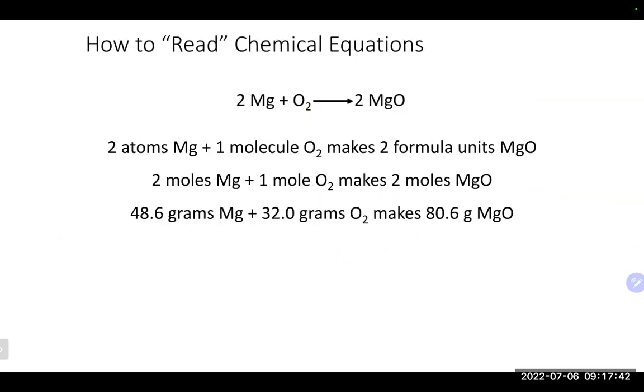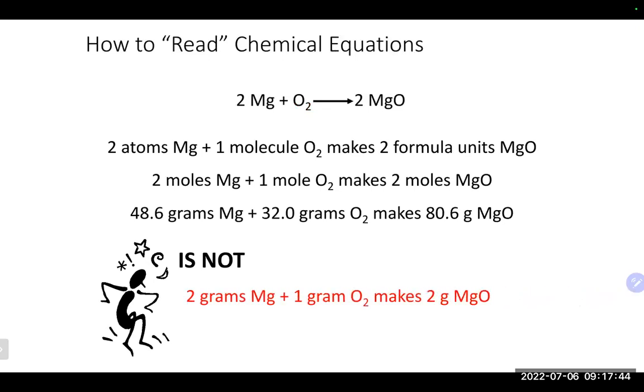So we can read this reaction, and it's going to be important a little bit later on when we talk about stoichiometry. We can take these coefficients in this balanced equation, and we can say 2 atoms of magnesium react with 1 molecule of O2 to make 2 formula units of magnesium oxide. O2 is covalent, so it's a molecule.